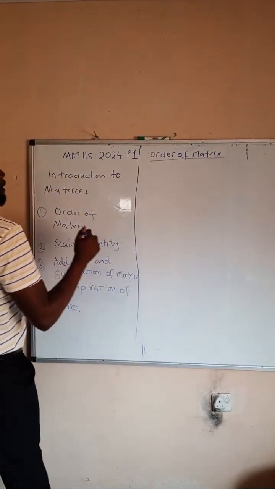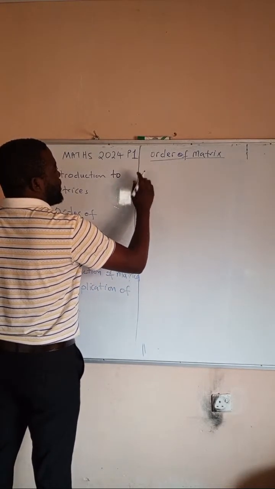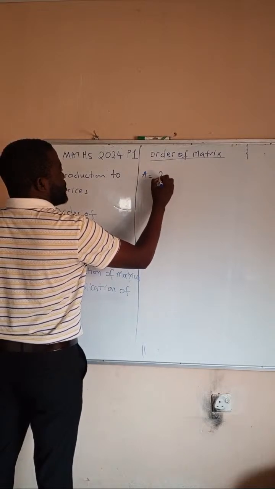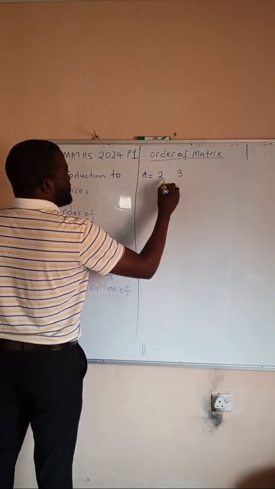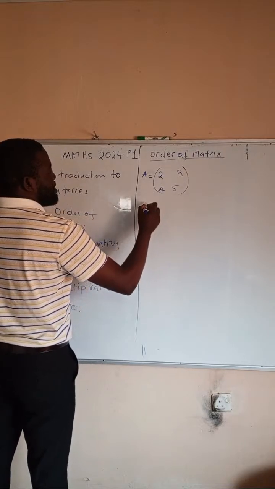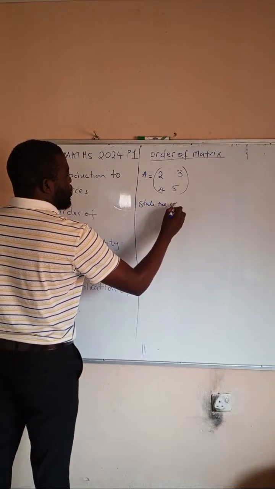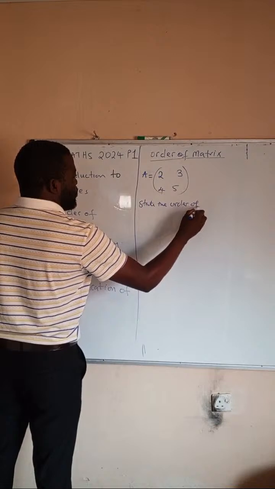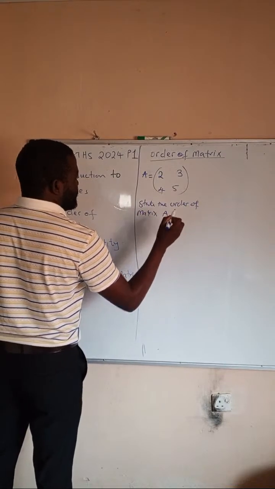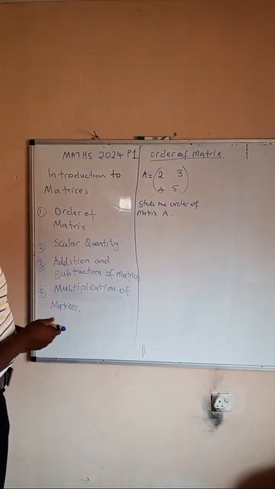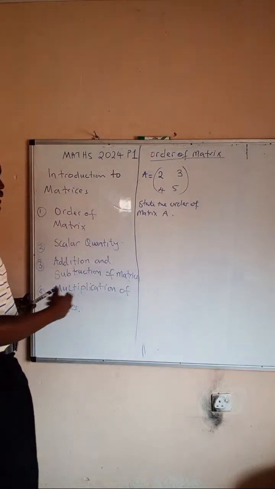Now, for example, if they give you matrix A, it is 2, 3, 4, and 5. And then they say, state the order of matrix A. The order of a matrix is row by column.